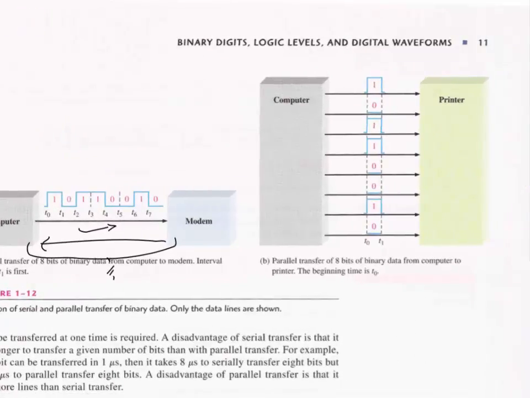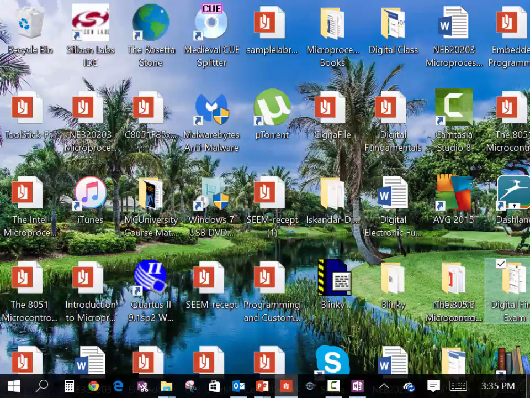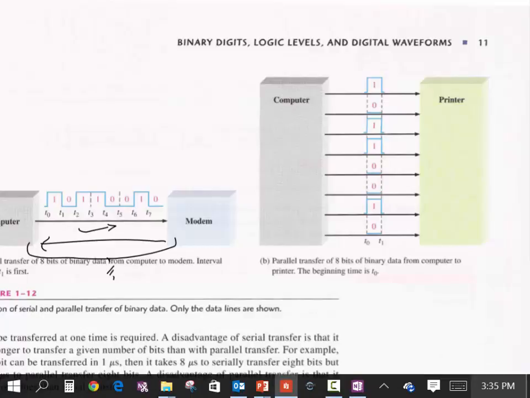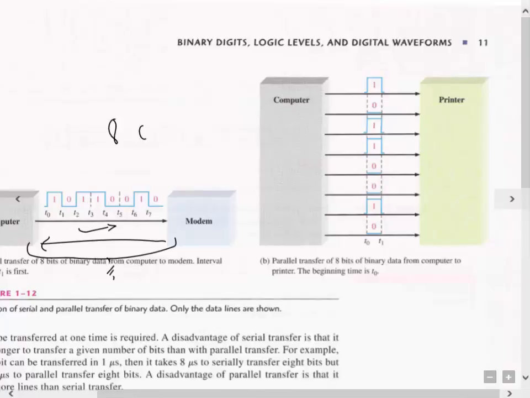Now, let me take a couple minutes to talk about this. When we look at this, it looks like parallel is faster, right? This takes 8 clock cycles to transfer 8 bits. 8 bits is a standard byte in digital terms.